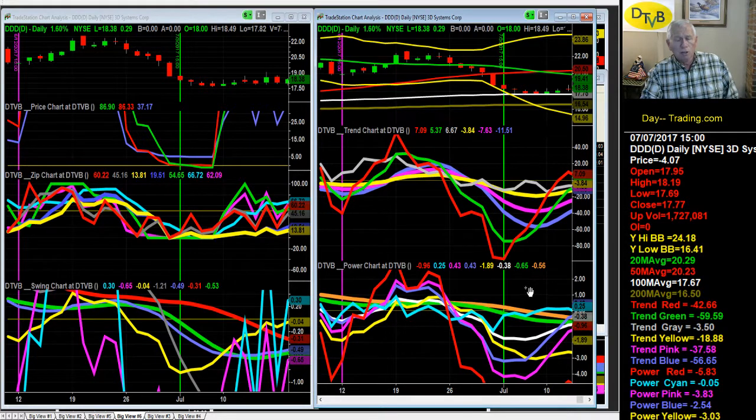Because as they get closer to zero, they have the ability to move faster, or they have the ability to change direction more easily. And this is especially true with the proximity group lines in the power chart.